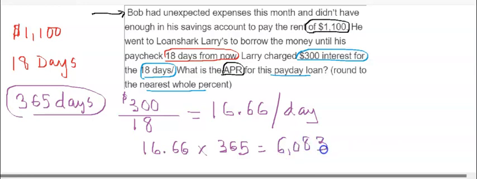That is how much Bob would have to pay Larry if he kept the loan for the whole entire year, not 18 days. That's a bad Larry right there. Just imagine you borrow $1,100 and end up paying $6,000 in interest. That's something you probably don't want to get yourself into.